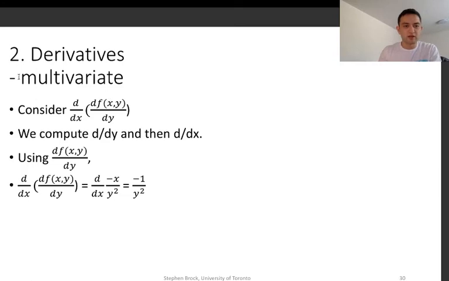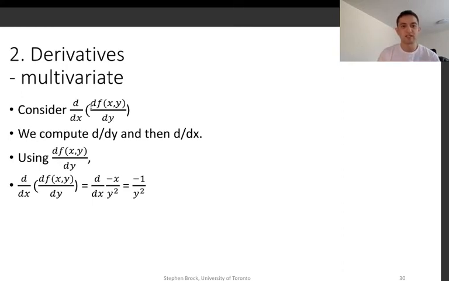All right, a continuation of the multivariate case. What if we wanted to differentiate with respect to x and y? I mentioned earlier that these operators, dx and dy, can be treated like multiplicative factors. What that means is that we could take the derivative with respect to x first or y first, because we can just switch the denominators.